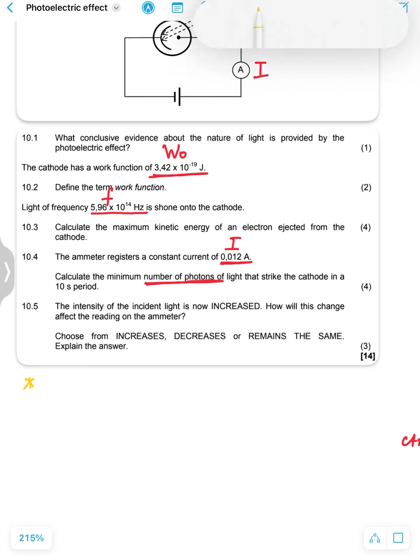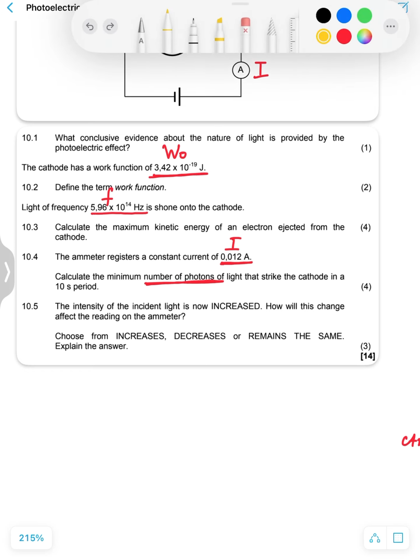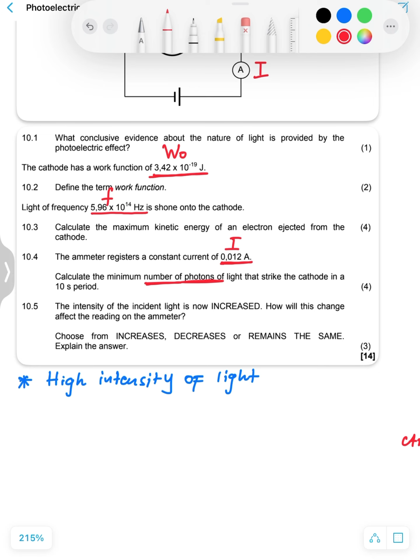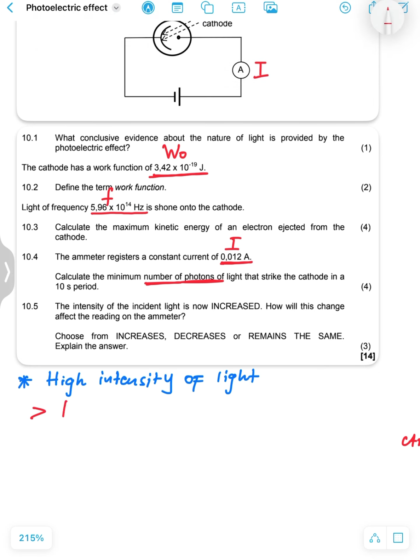The first thing to note is that high intensity of light increases the number of electrons emitted or ejected.